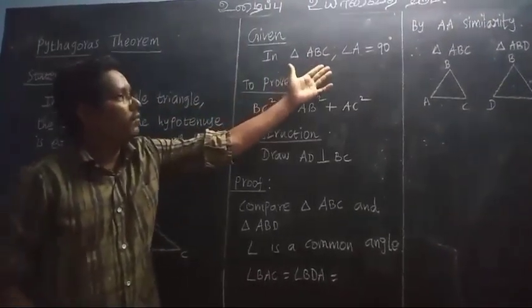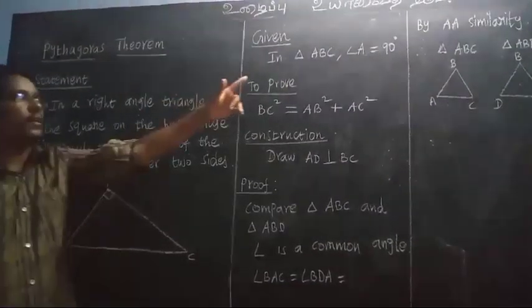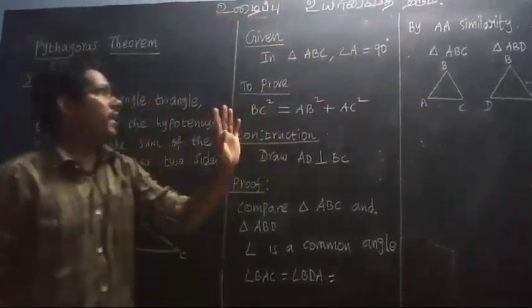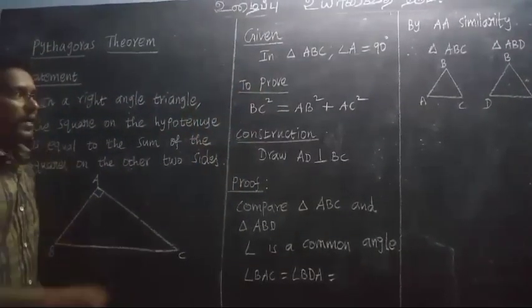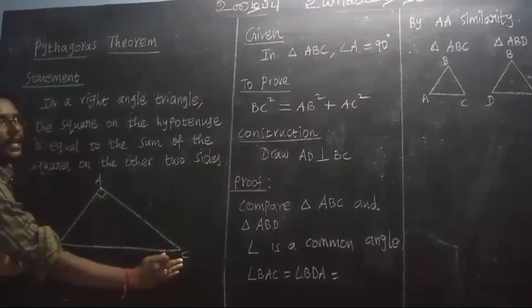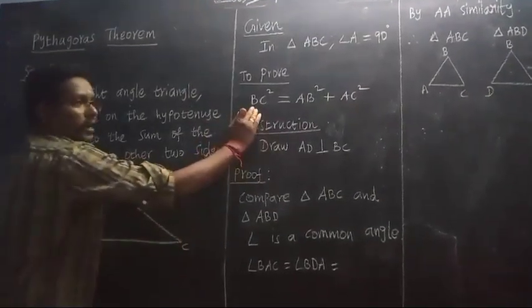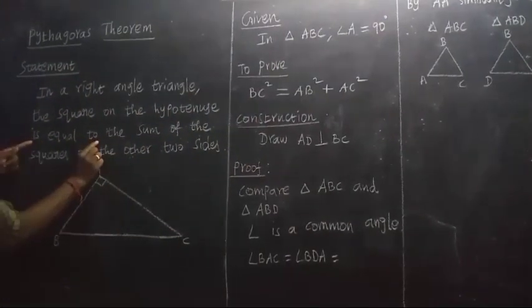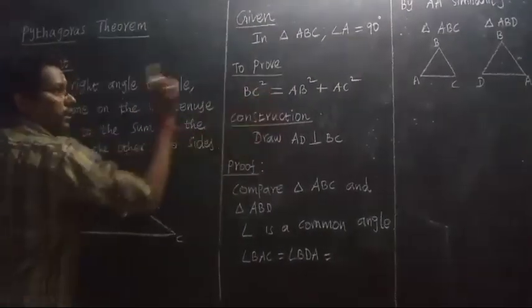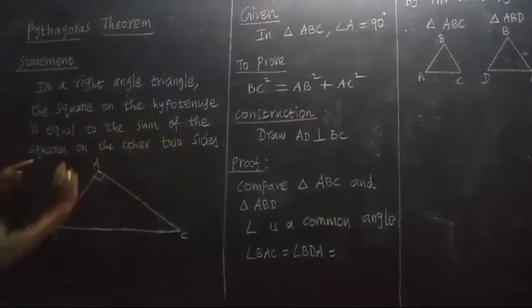Given values: in triangle ABC, angle A is 90 degrees. Next, to prove: what is the hypotenuse side? BC, therefore BC square is equal to the sum of the squares on the other two sides.